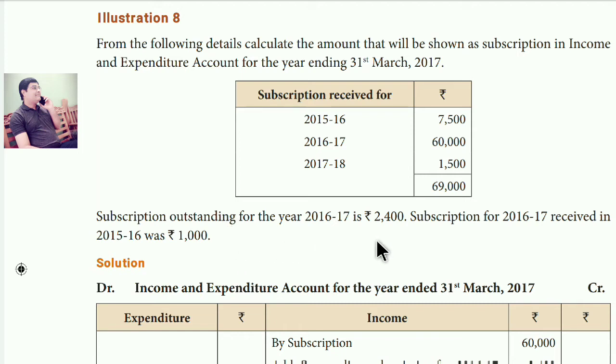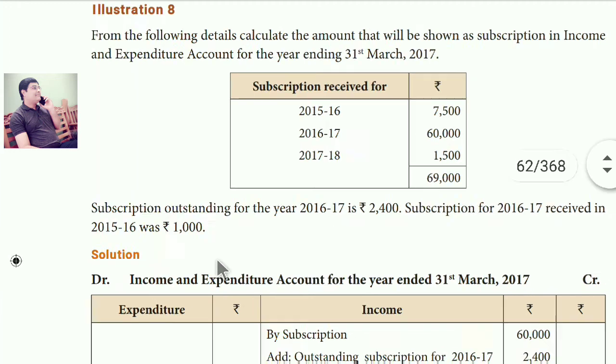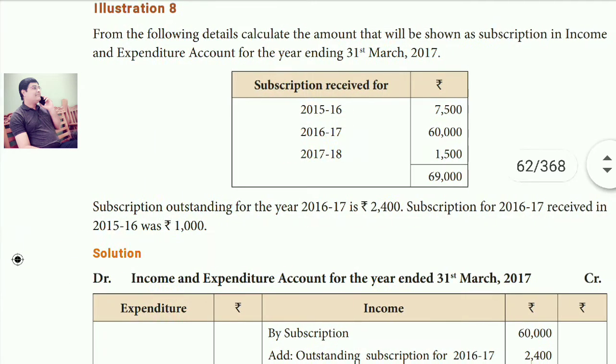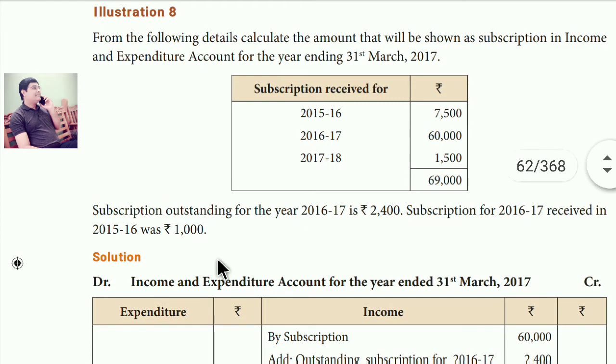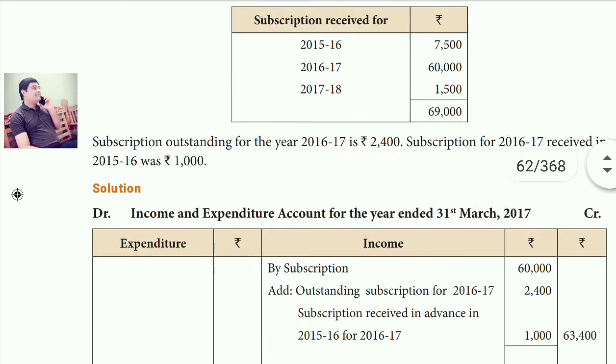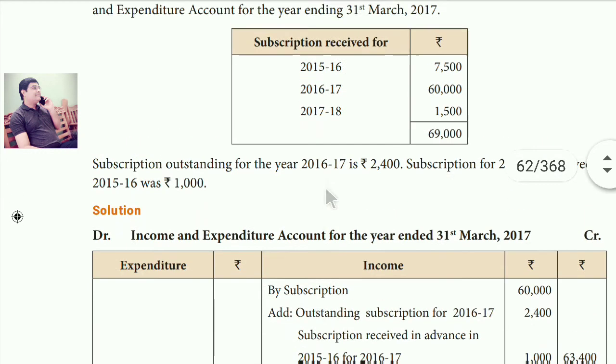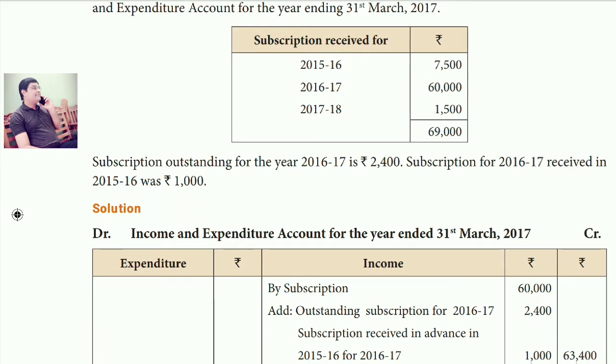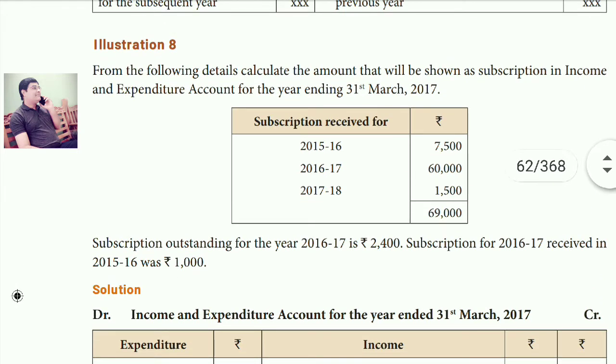Subscription outstanding for 16-17 is 2,400 and subscription for 16-17 received in 15-16 is 1,000. So now you understand. In income and expenditure account we always have to take the current year. Now we are preparing for 2017.